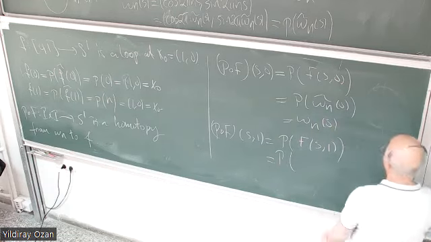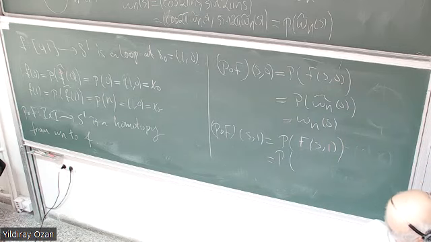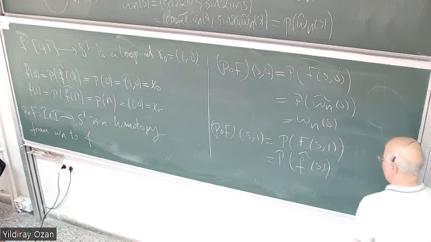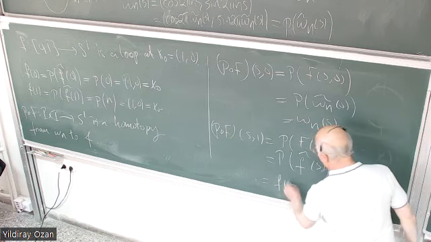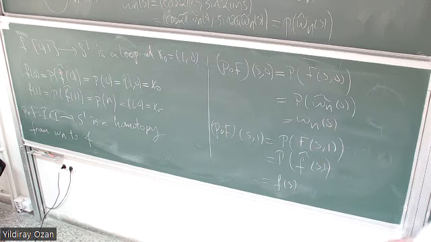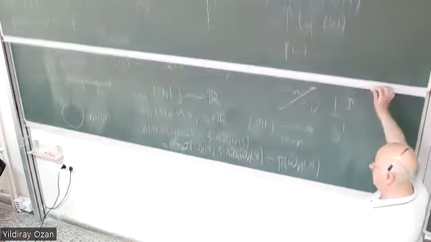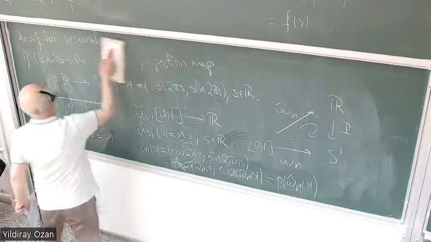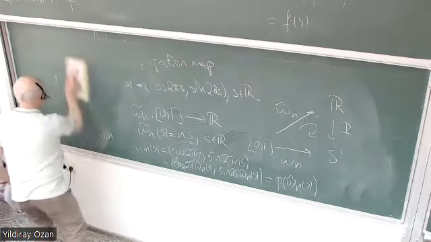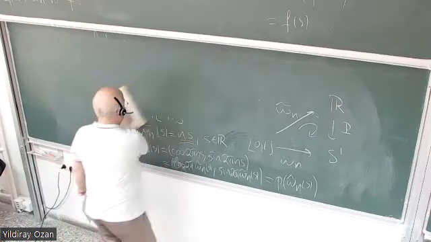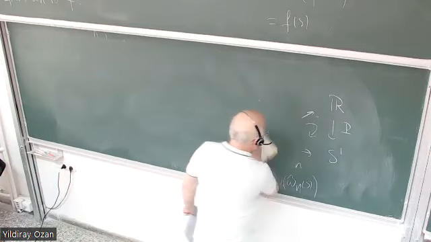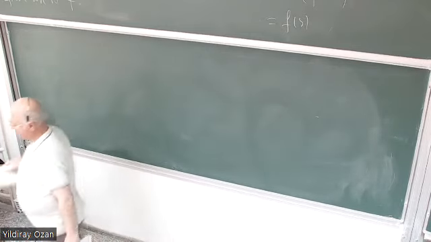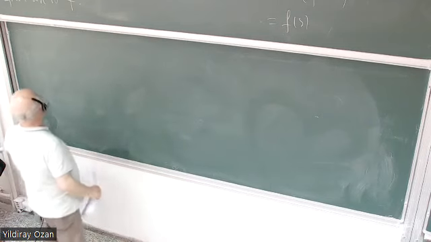P of f s1, f s1 was f tilde of s, but this composition is called f of s. And we can also check the endpoints.